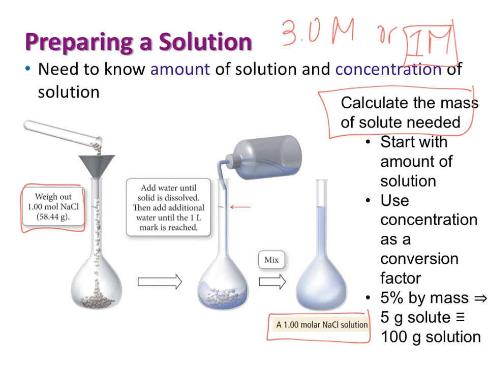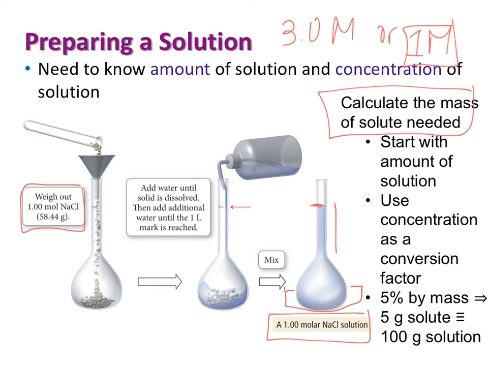You would add it to our volumetric flask, which allows a very specific volume. So the way that volumetric flasks work is that they have a wider flask bottom down here, and then they have a thinner neck up here, and on this neck you will have a line. That line is exactly whatever volume this volumetric flask is for.